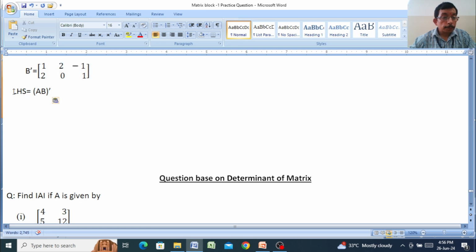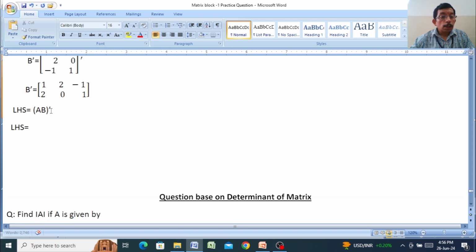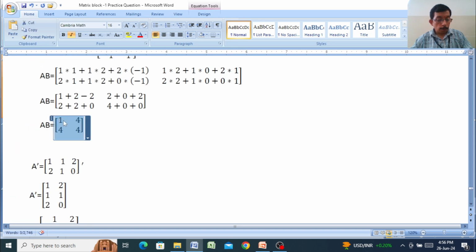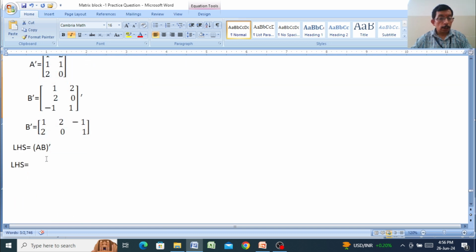Now the AB is also found here. Note down the value of AB and put here and take the transpose of AB. It means row and column interchange.